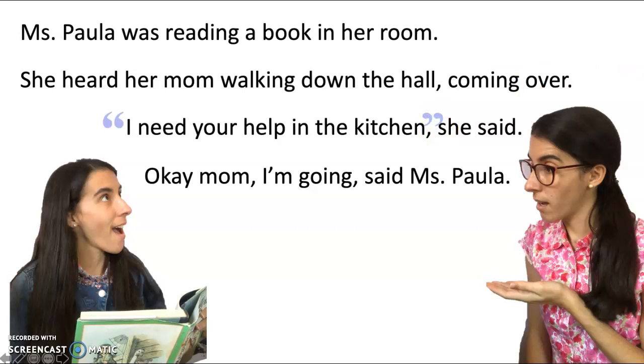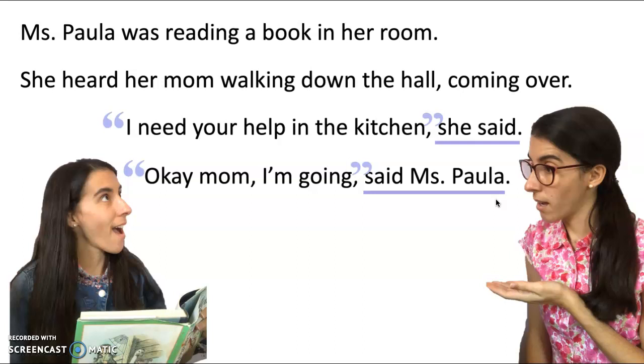Okay, point to the screen. Where else should there be quotation marks in this short story? Let's see. "Okay, Mom, I'm going," said Miss Paula. So see that this is where Miss Paula starts talking, and this is where she stops talking. This is the last thing that she says. Now notice that the quotation marks don't go all the way to the end of the sentence because the words "she said" and the words down here, "said Miss Paula," are not part of what the person was saying.